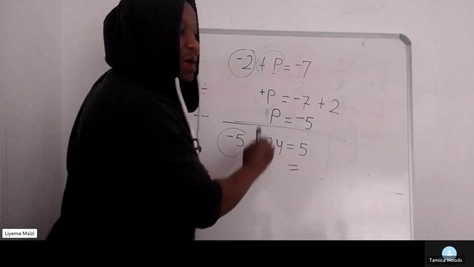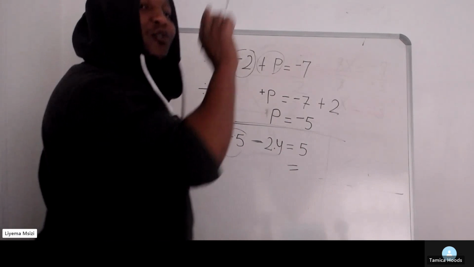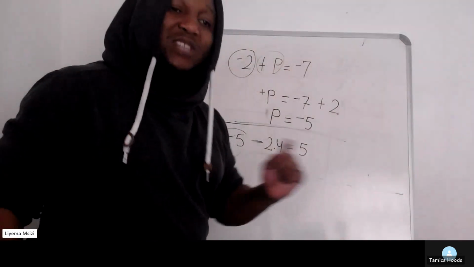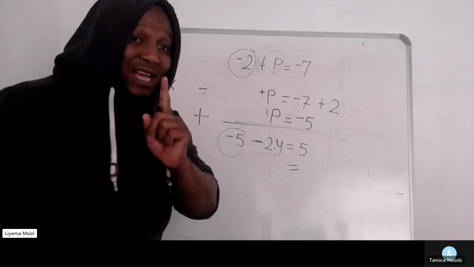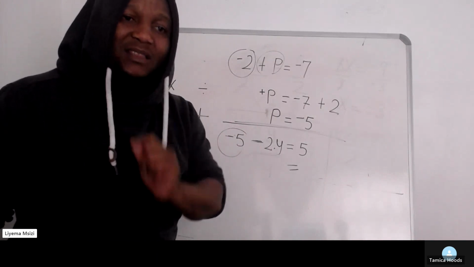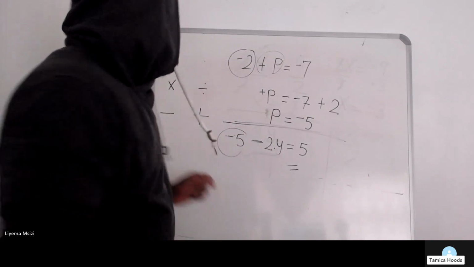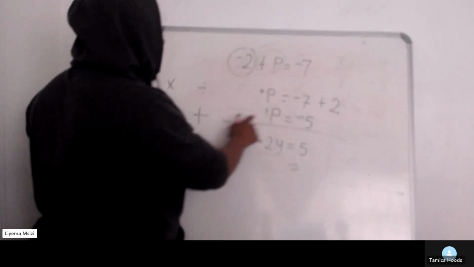Only when you go across the equal sign does the sign change. But if it does not jump the equal sign, do not change the sign, okay? So we take negative 5, come over. So here we have a 5. And then when this negative 5 goes over, it's going to become a positive 5.